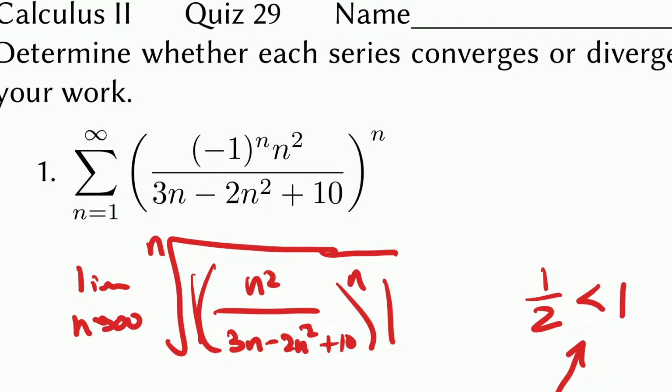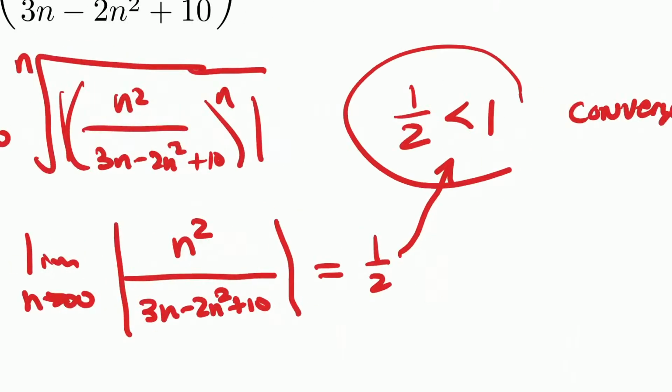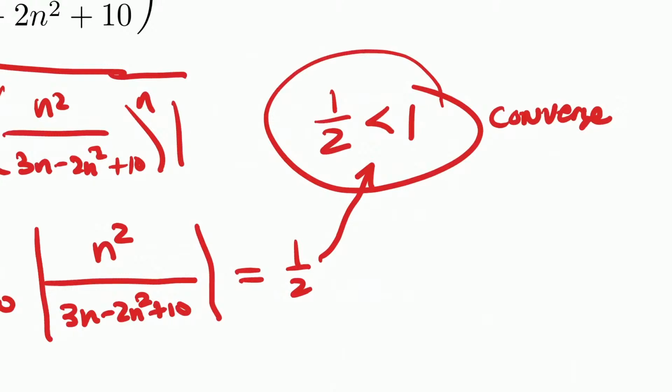The main thing you might have noticed: if you do the absolute value, the -1 goes away, but notice the denominator, you have that -2 down there. In the limit, that becomes -1/2, but with the absolute value you get +1/2. The important thing is it does converge because the limit is 1/2.